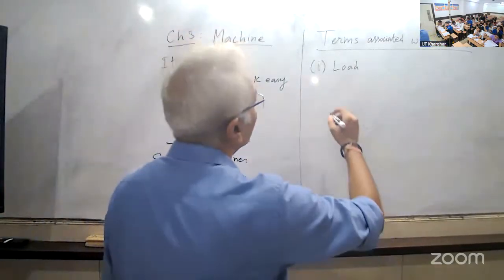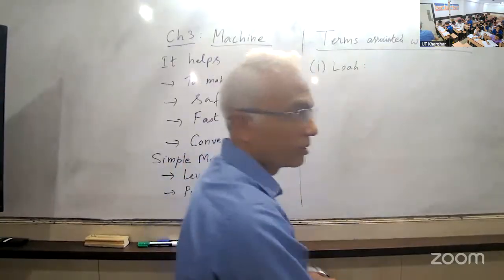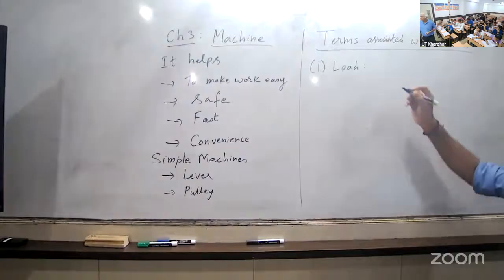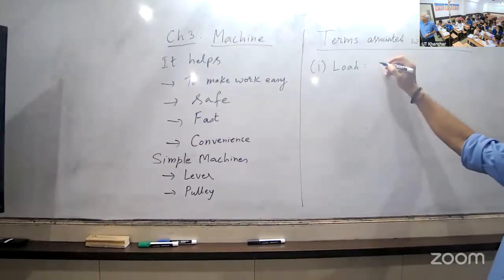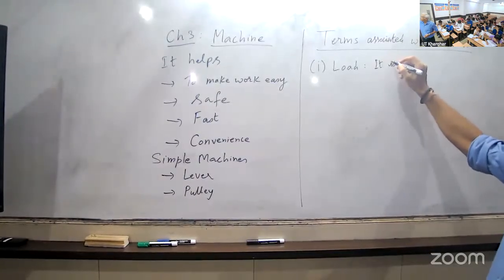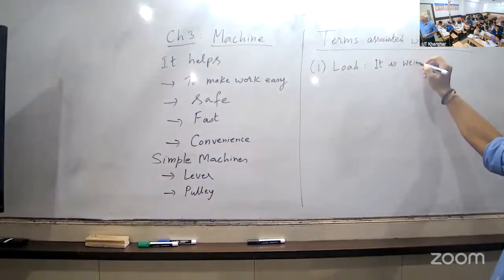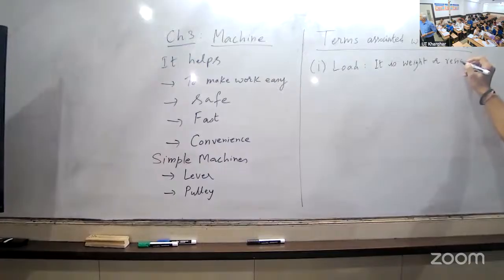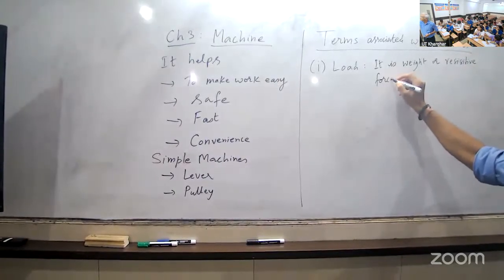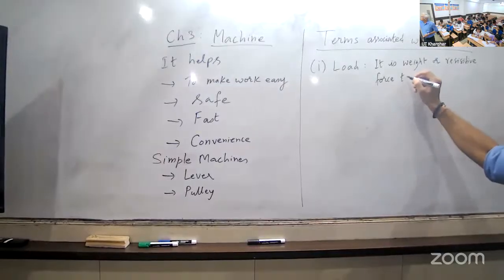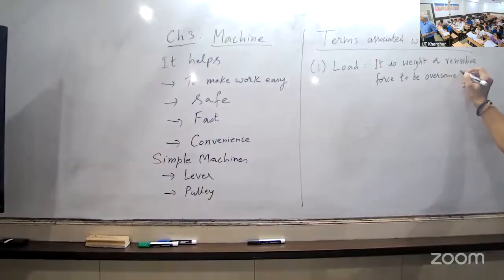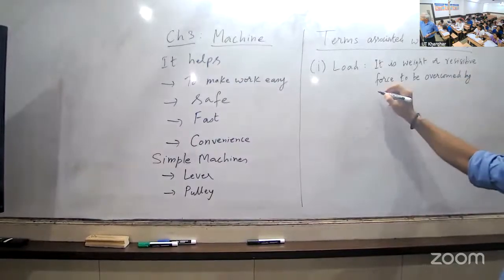Okay. So a load is the weight or resistive force to be overcome by the machine. What is load? It is weight or resistive force to be overcome by the machine.